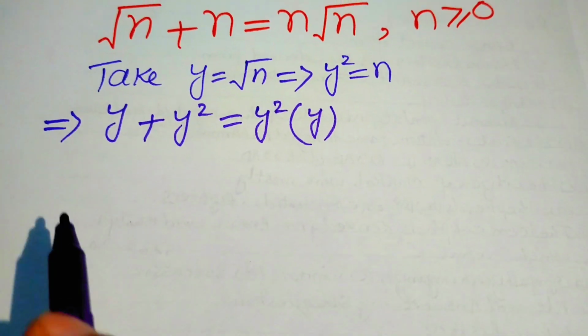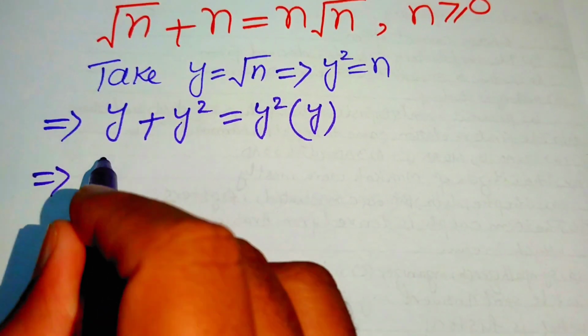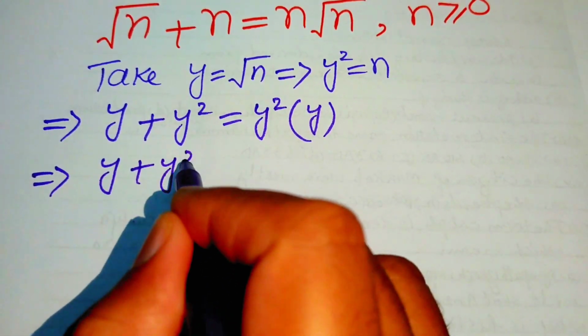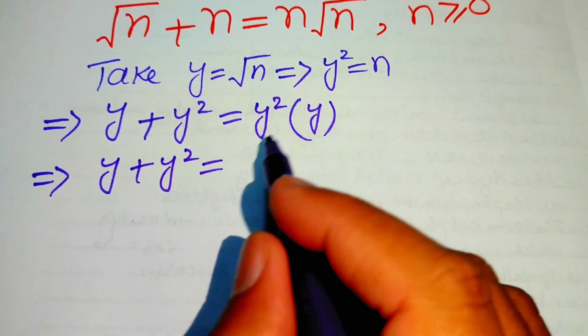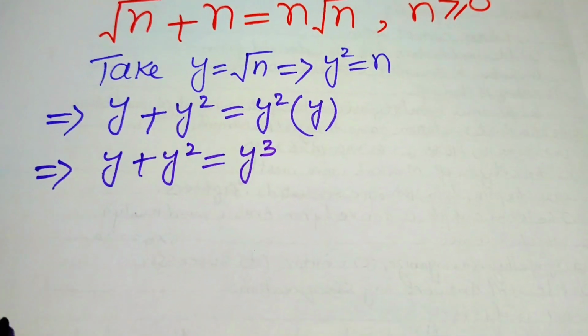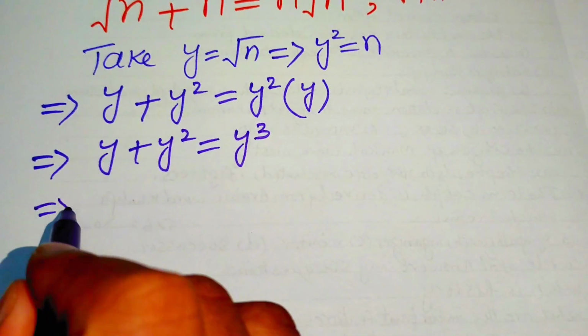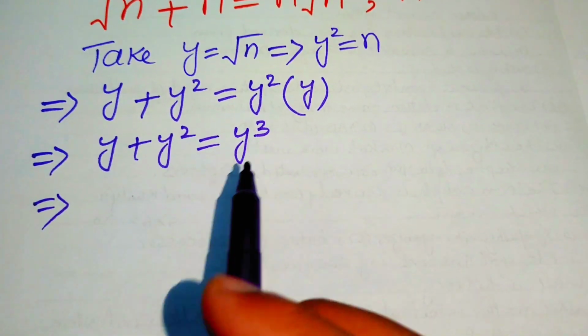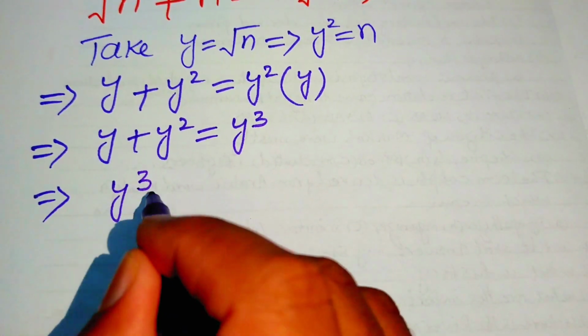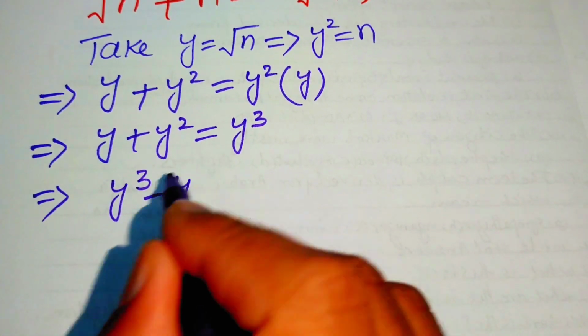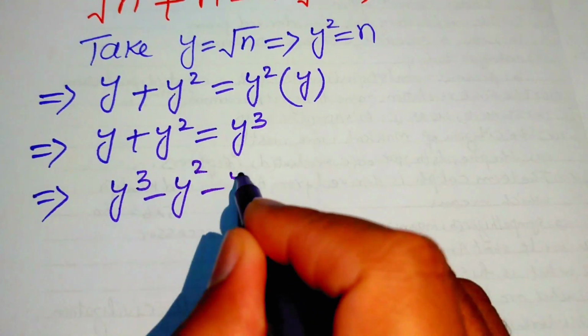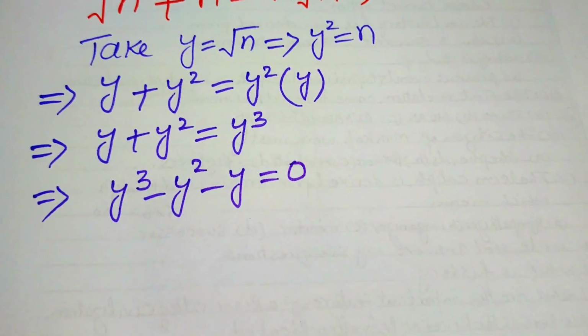So now we simplify the terms, and we write it as y plus y squared equals to y squared times y, which becomes y cubed. Now we rearrange the terms and move y and y squared to the right hand side, and it becomes y cubed minus y squared minus y equals to 0.